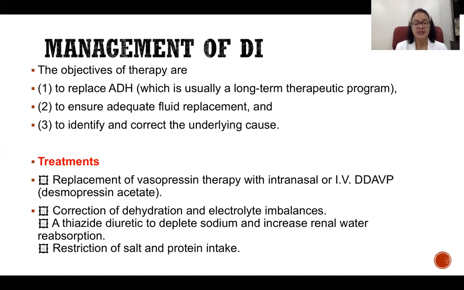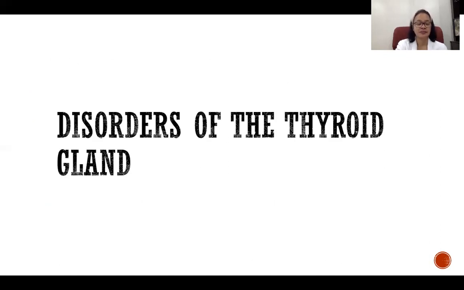So for treatments, you can replace by giving vasopressin with intranasal or IV DDAVP or your desmopressin acetate. You need to correct dehydration and electrolyte imbalances. You can give your thiazide diuretics, okay, in order for you to deplete sodium and increase renal water reabsorption. And you have to restrict the intake of both salt and protein.